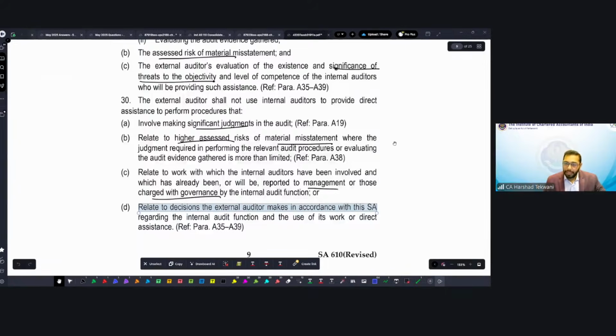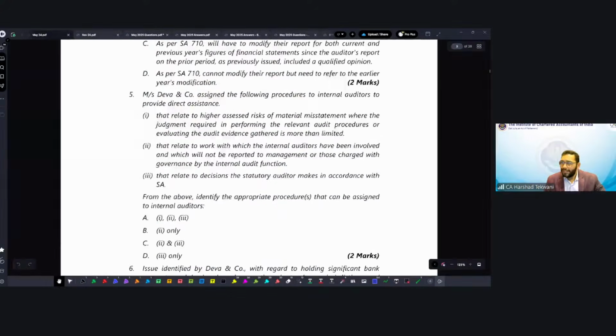That should not be the case. But in our question, let me go back to the question. What is the question? It relates to work with which the internal auditors have been involved and which will not be reported to management or those charged with governance. Not to be reported.